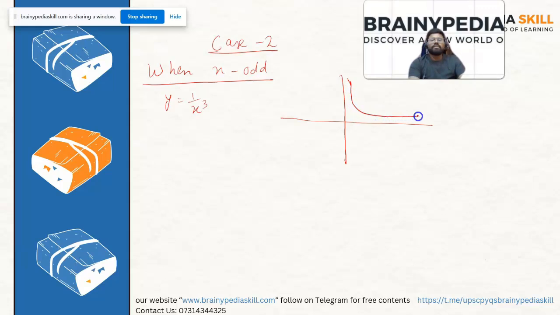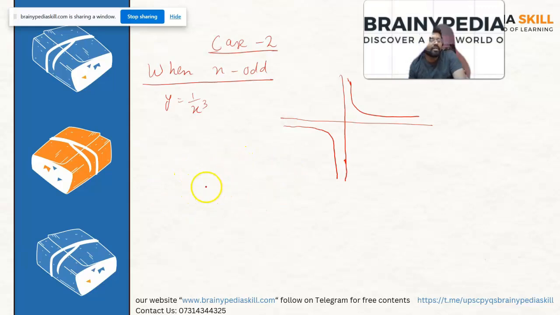Clear? So at 0 it will tend towards negative y-axis or positive y-axis depending on the values of x.